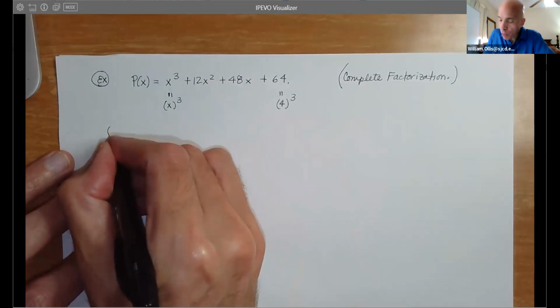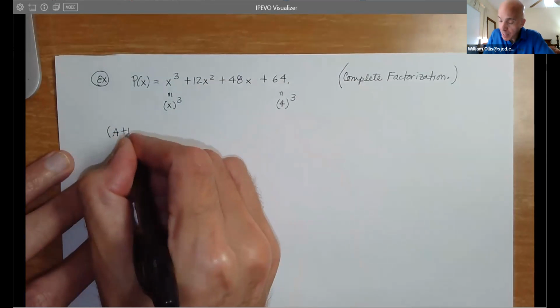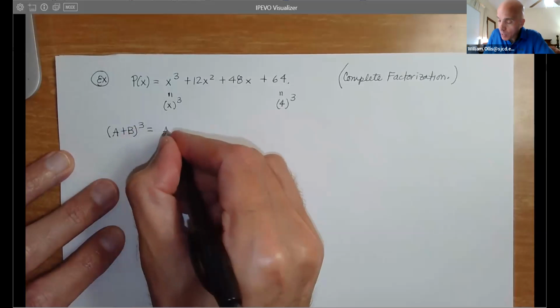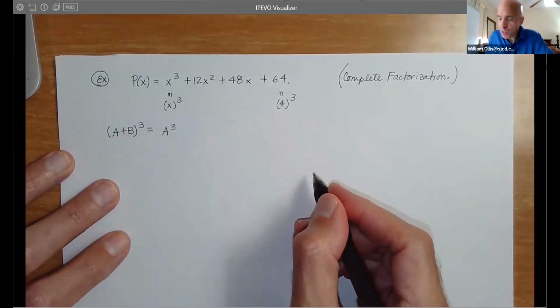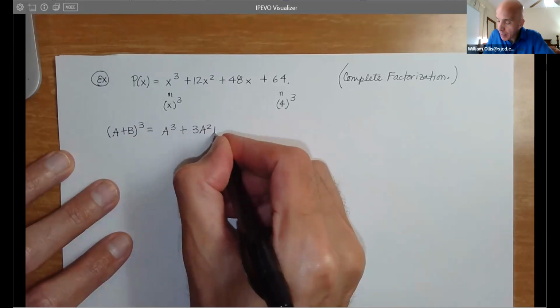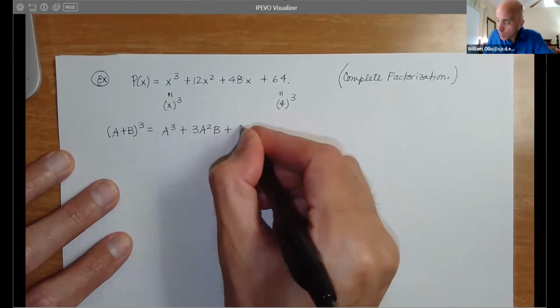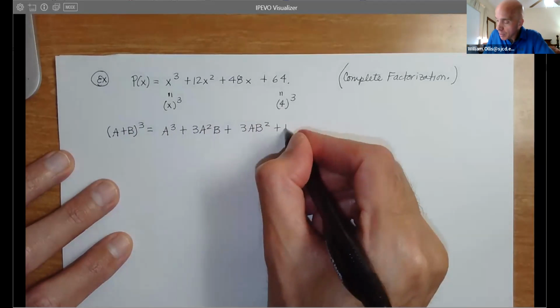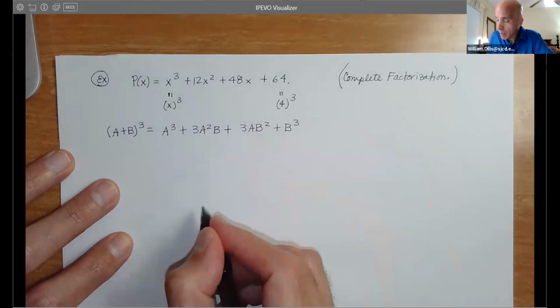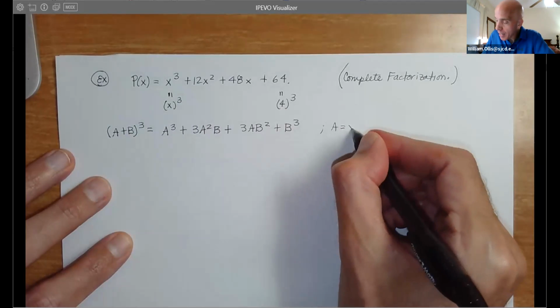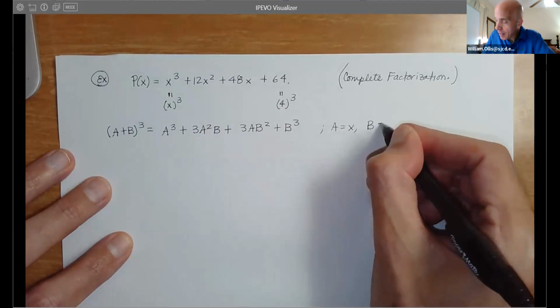Remember from before, we had a plus b quantity cubed equals a cubed plus 3a squared b plus 3ab squared plus b cubed. This was an identity from the first day. And so now we can see a equals x, b equals 4.